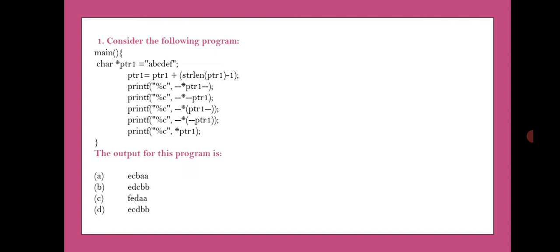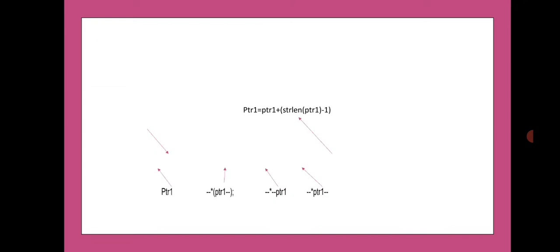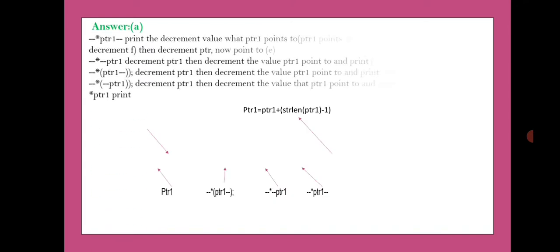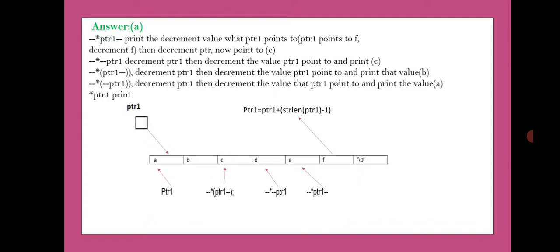Then this might solve the answer and we can guess the output. So this is how it is associated. When you consider the first expression, pre-decrement ptr prints the decremented value.